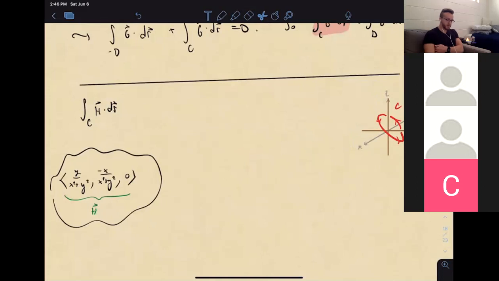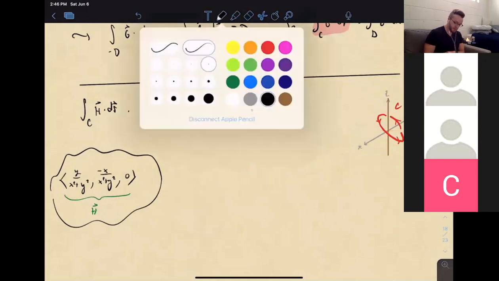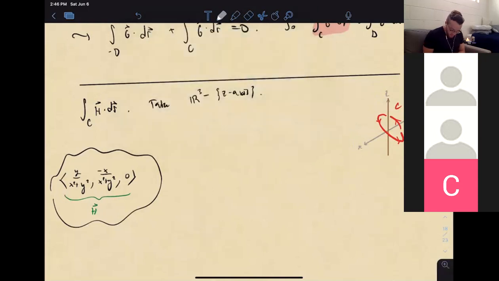The largest possible domain for H would be R3 minus the z-axis, right? The only point where this isn't defined is the z-axis. So that means I don't have to remove the y-axis. I just need to remove the z-axis.